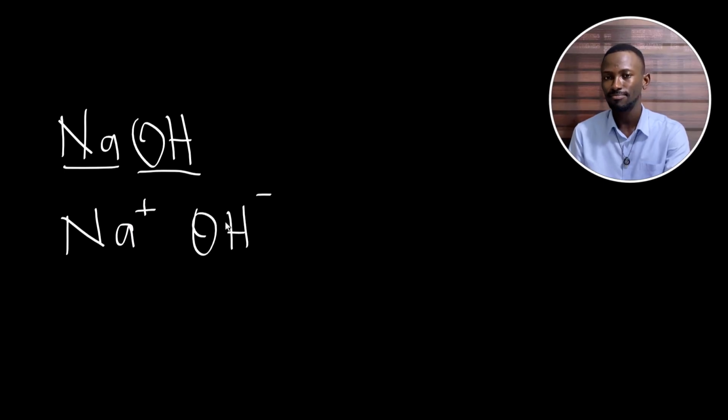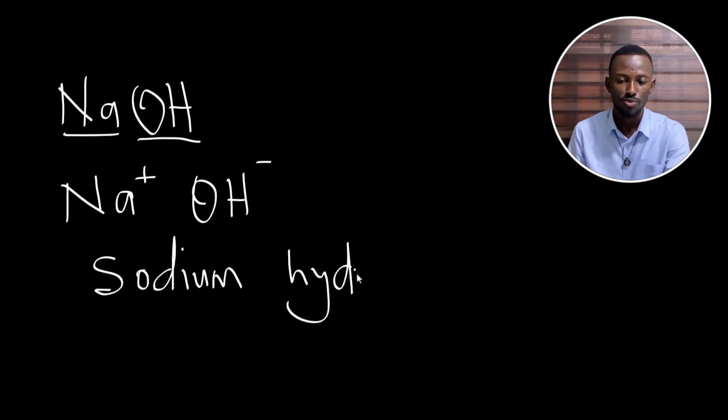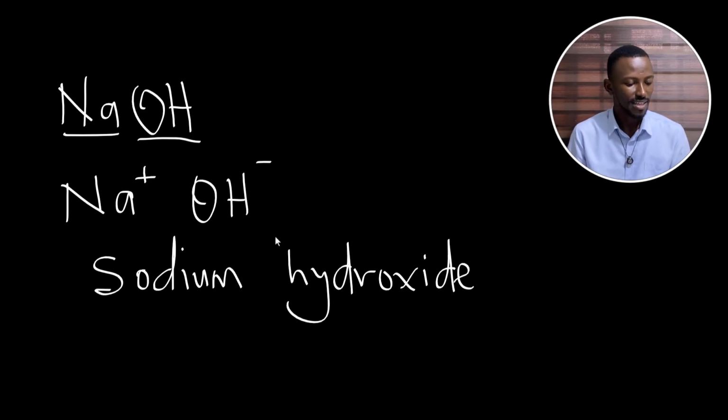Sodium and OH- is what? Hydroxide. Sodium hydroxide. Easy peasy, right? Someone will say easy peasy lemon squeezy. So let's clear this side as well. Then we pick our next example.